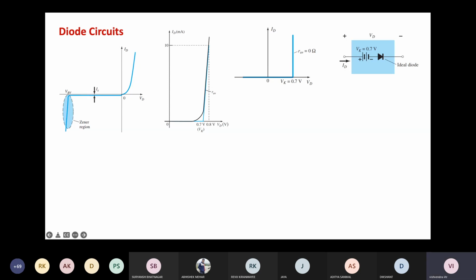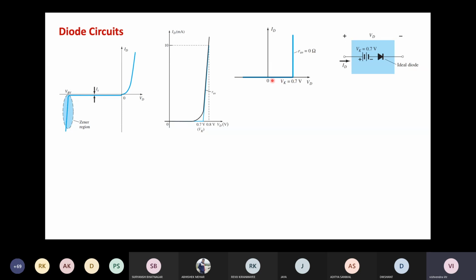Let me take, yeah, one of the ways in which diode is modeled in a circuit is like this. So according to this characteristics, as you can see, the diode current is 0 up to a forward bias voltage of 0.7 volts. So for all voltages that are less than 0.7 volts, the diode is switched off as if it is an open circuit.